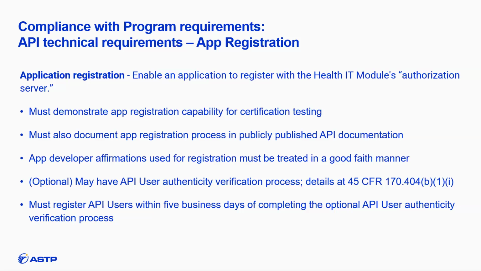While the criterion does not specify a standard for registration, there are minimum requirements that must be met. These include demonstration of the app registration capability for certification testing, demonstration of the app registration process in publicly published API documentation, and the treatment of app developer affirmations used for registration in a good faith manner.